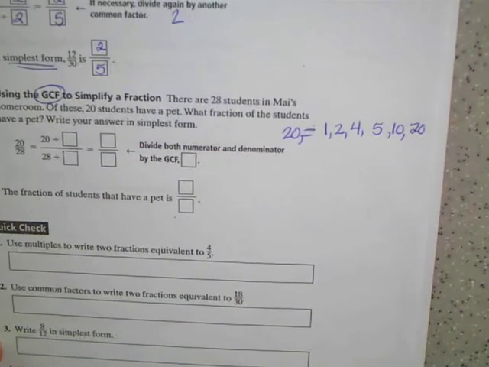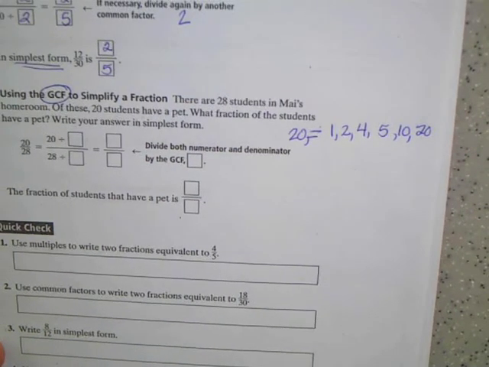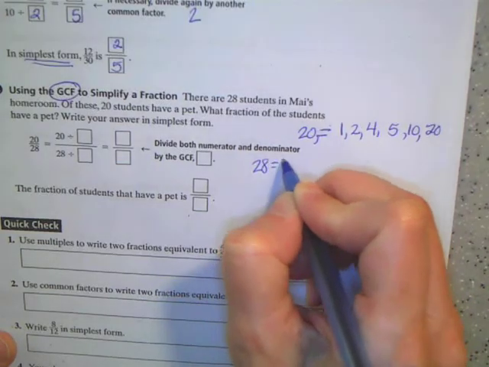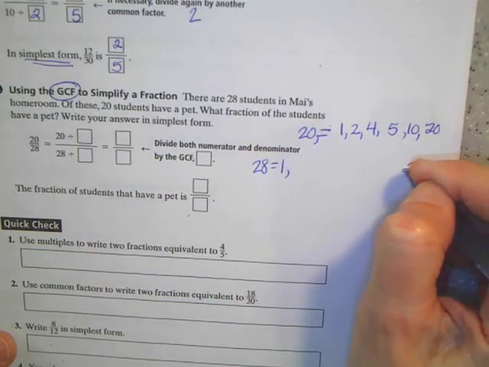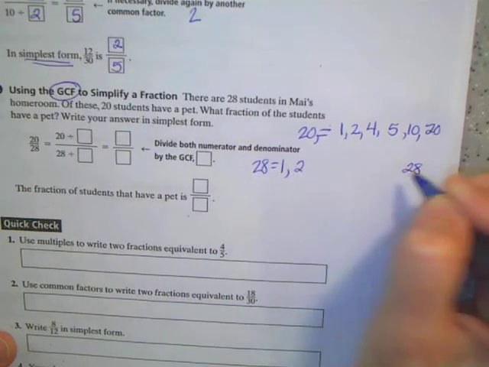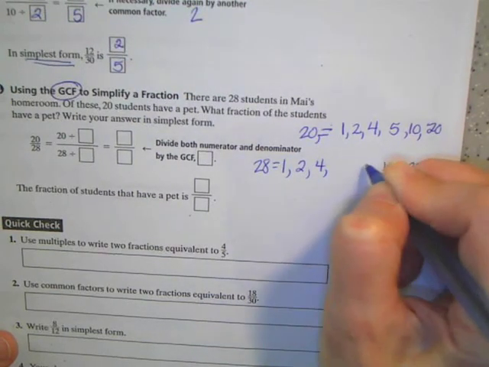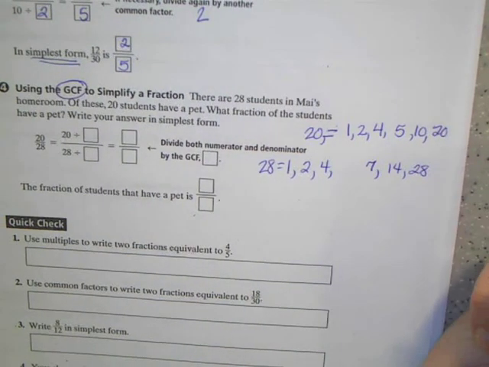The next thing I would put in my list would be 10 and 2, which I've already stated. The factors of 28 are 1 and 28, 2 and 14, 4 and 7, and I believe that's it.